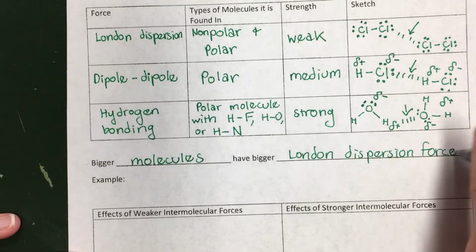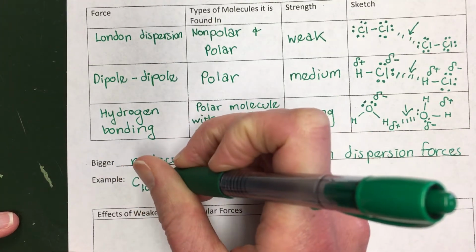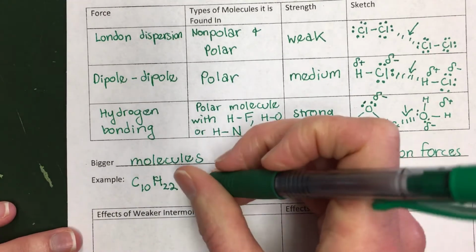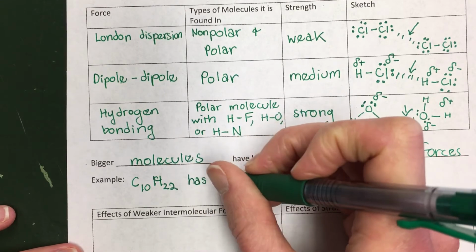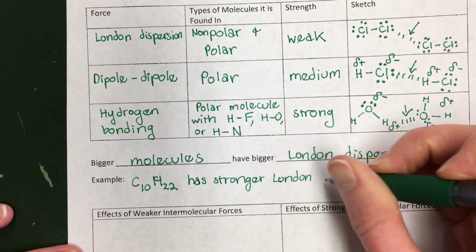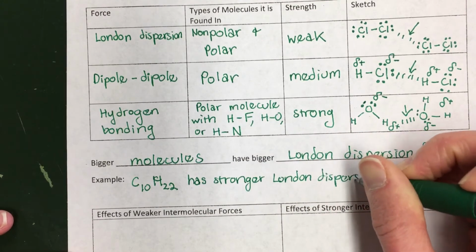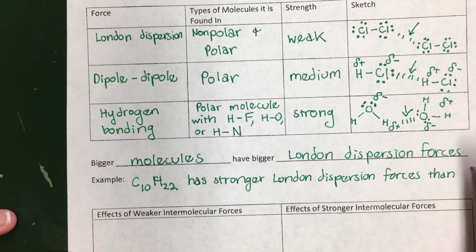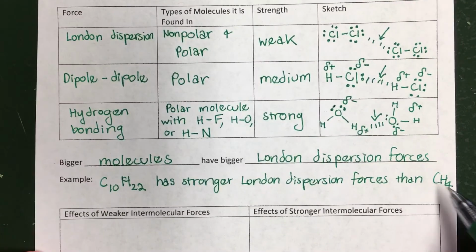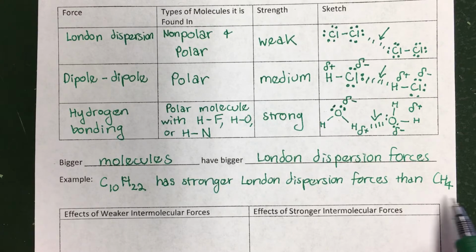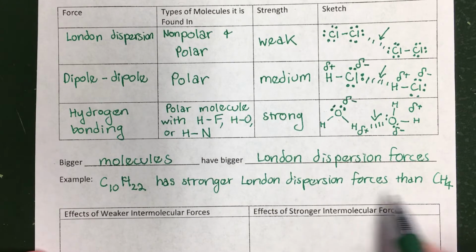So, for example, if we have a molecule like C10H22, it's a big hydrocarbon, it's going to have stronger London dispersion forces than CH4, for example. So same elements, but different numbers. Methane is a gas, and the reason it's a gas is because it has such weak London dispersion forces. They don't even really matter.